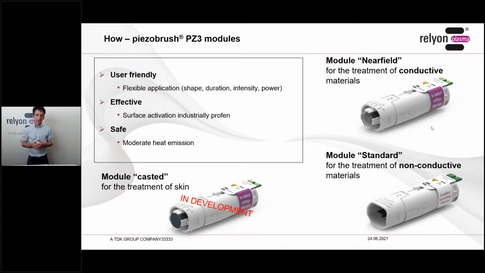We know that this is very effective, because we are already using it very long in the industrial environment, and it's safe as we have no or very moderate heat emission to the surfaces. So here's again the near module for the conductive materials, the standard module, and there's also probably a casted version of it, which may be available, for instance, for skin treatment, as it has a more moderate plasma exposure.